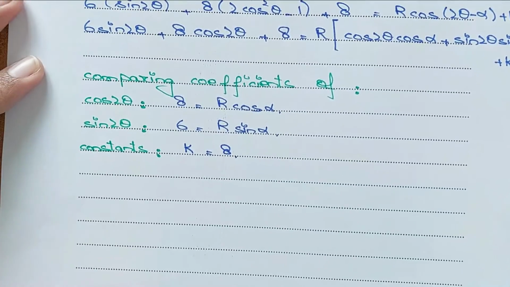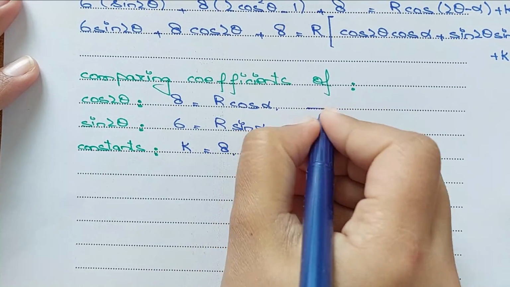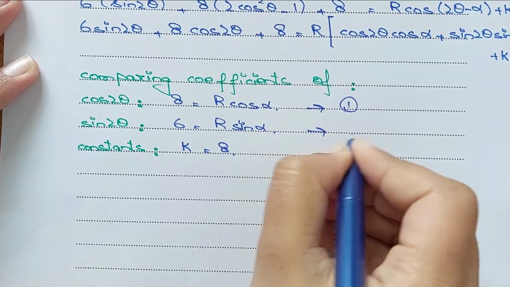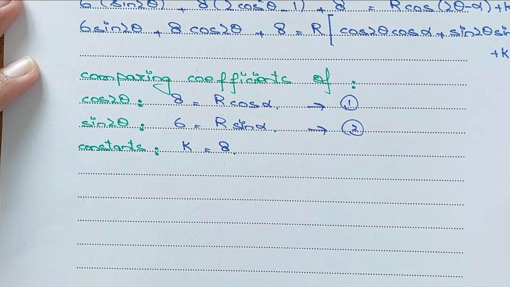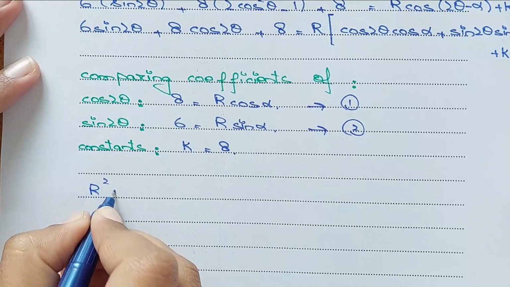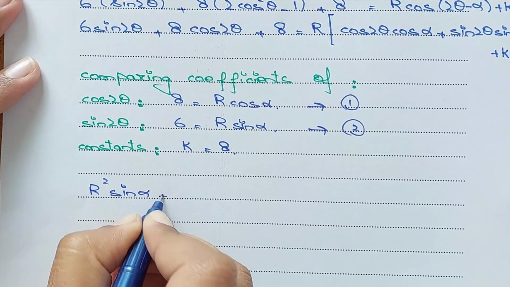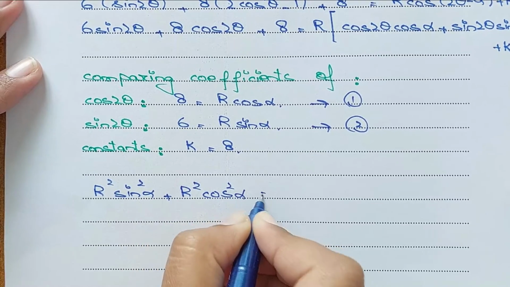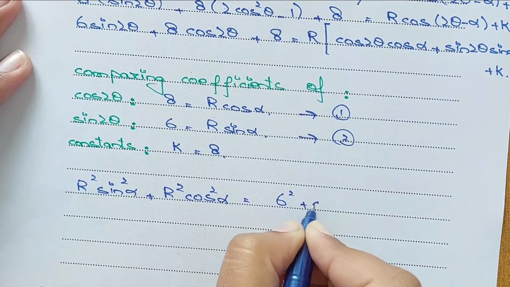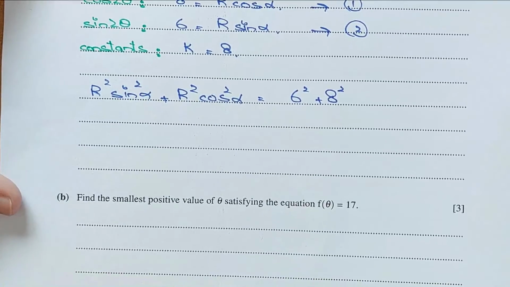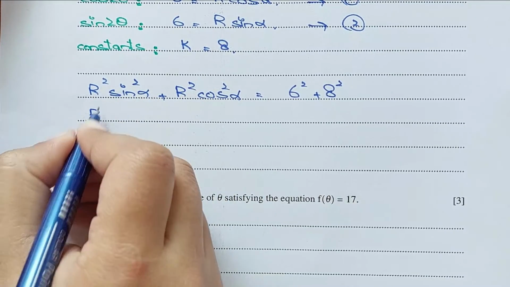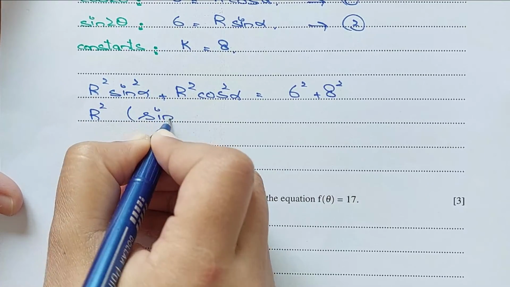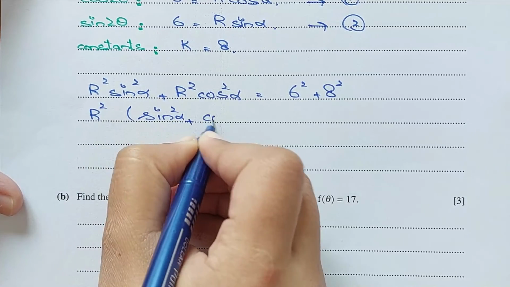Now let me find r and alpha, right? Okay, this is my first equation and this is my second equation. Let me do squaring and adding of the two equations. r square sine square alpha plus r square cos square alpha is equal to 6 square plus 8 square, right? For the simplification, we have r square times sine square alpha plus cos square alpha.